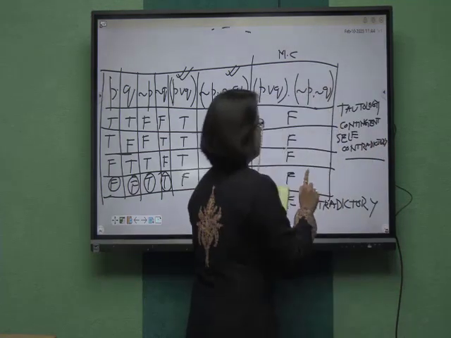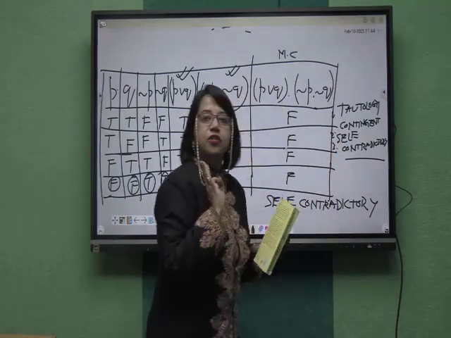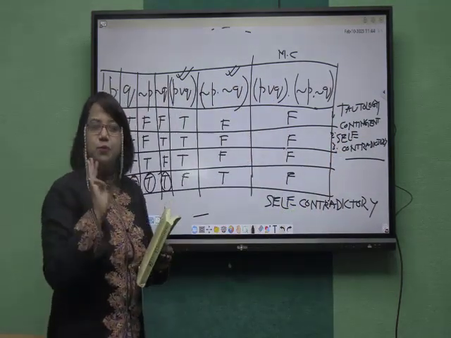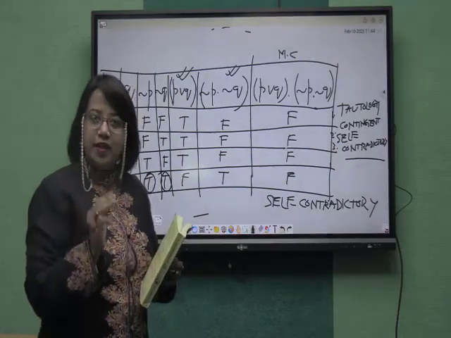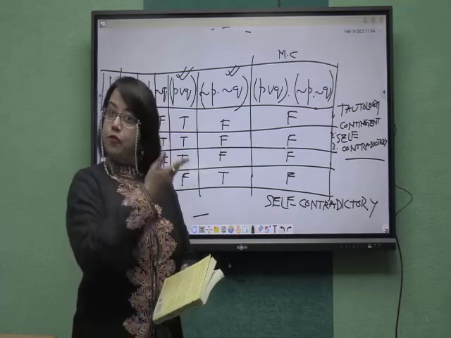So these are the 1, 2 and 3. These are the 3 types of statement forms which one can determine with the help of what? With the help of a truth table.